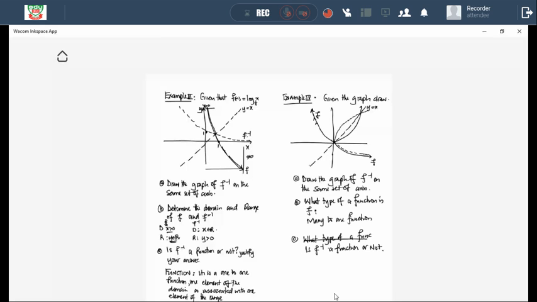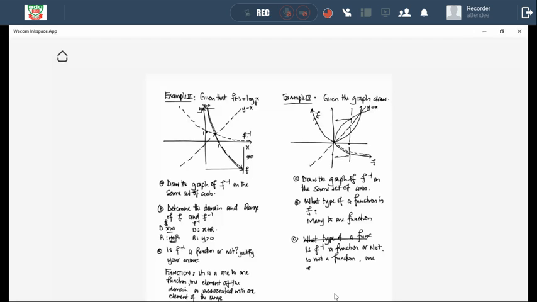Now, if you look at f inverse, it fails the vertical line test. If I insert the vertical line, it fails, meaning one element of the domain is now associated with two elements of the range. So f inverse is not a function.